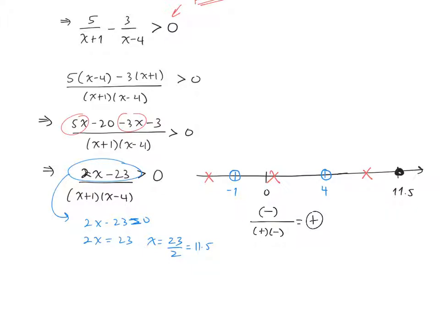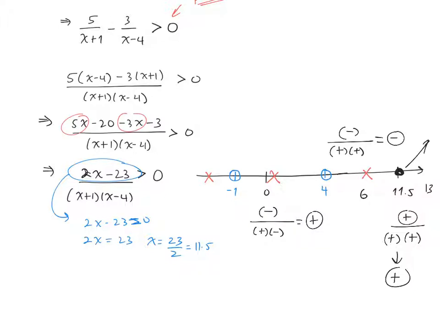Between these two, you could pick, let's say, 6. The top will be negative, this will be positive, and the whole thing will be negative. And finally, you can pick like 13. This will be positive, everything is positive, so the answer will be positive.